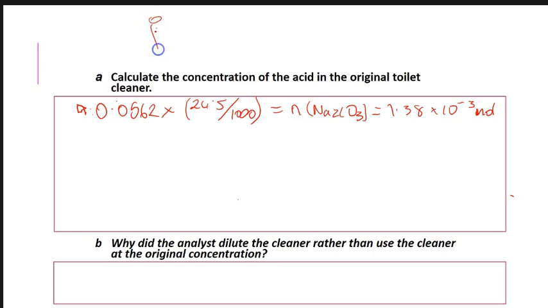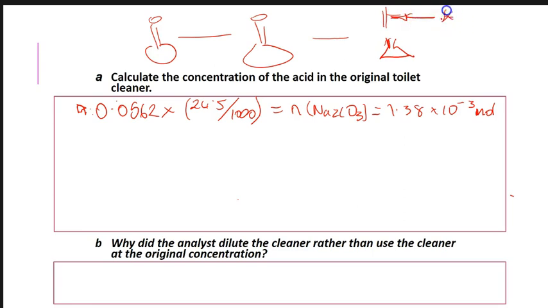Okay, so we've got our sample, then we've got the diluted, then we've got our conical flask that was titrated against. So we've got what was in the burette. Okay, now we can use our mole ratio to find the equivalent of HCl. And from the equation we can see that n of HCl is going to be equal to 2 over 1 the number of moles of sodium carbonate.